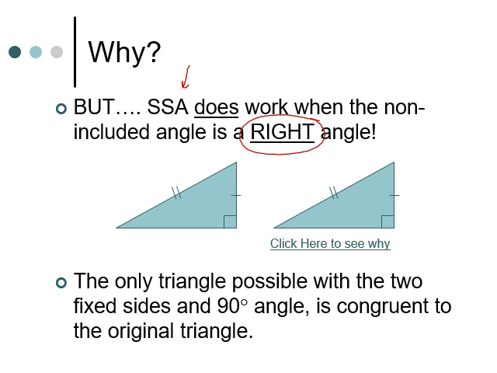If you have a right triangle, the angle is forced to be 90 degrees, which forces the other two angles to add up to 90 degrees, because if one angle is 90, the other two can only be 90 together since they have to add to 180. So it forces them to be congruent.